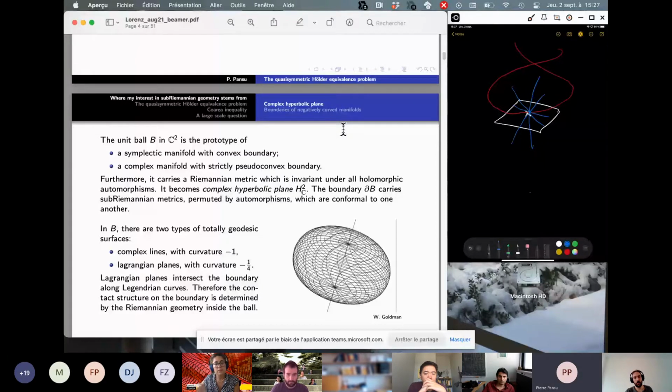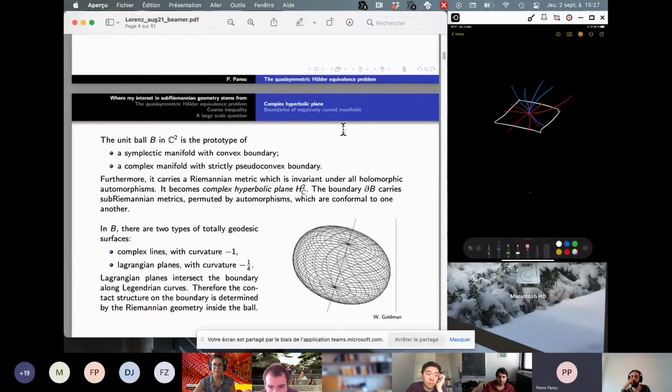Now, let's do all these real circles, boundary of Lagrangian planes. They will go in all directions in the contact plane, whereas the chains go in all possible directions transverse to the contact plane.